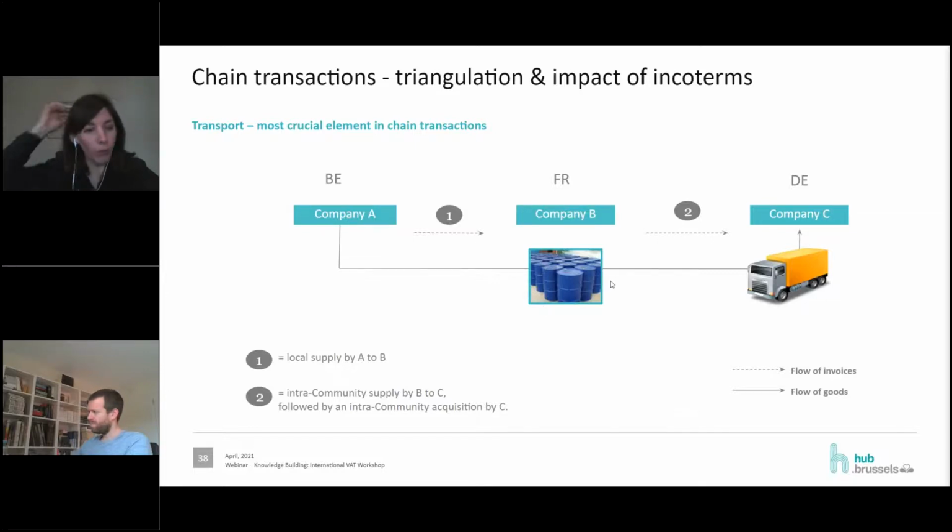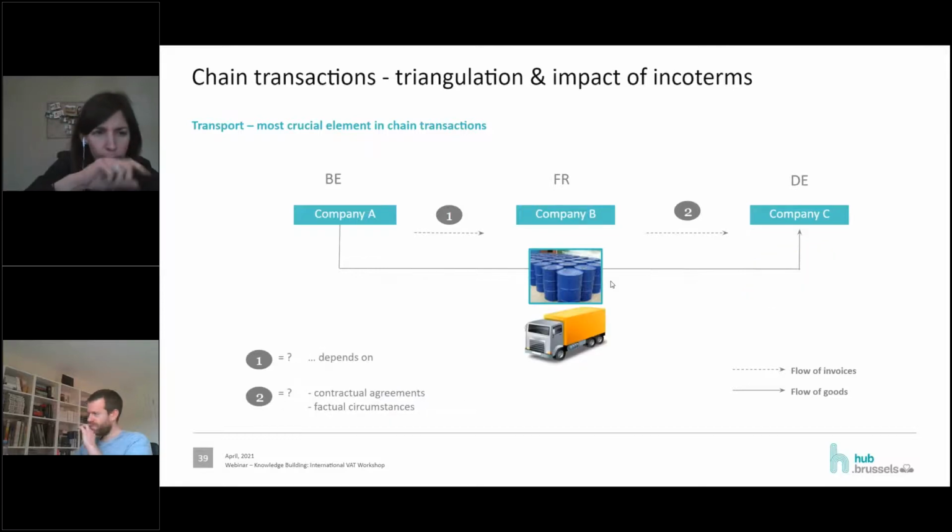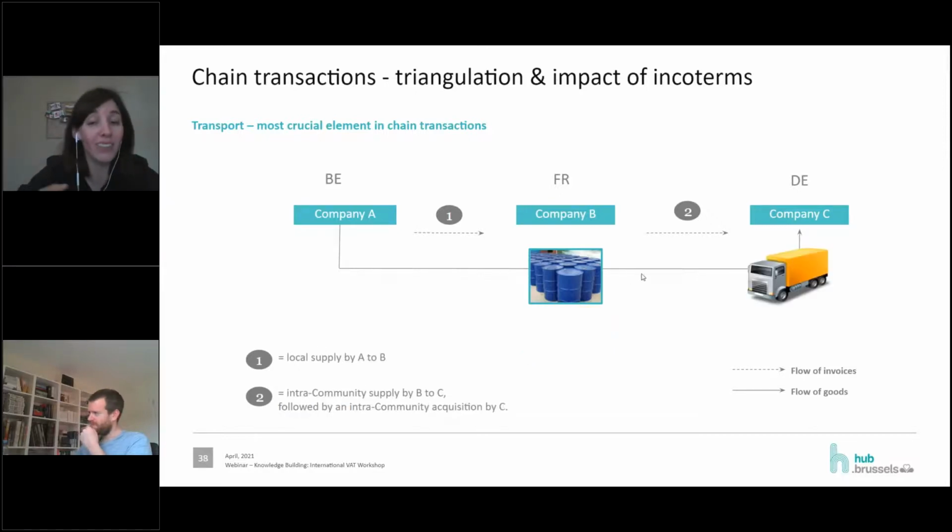And then the tricky situation, and maybe just to come back on the previous one. Of course, the French company doing an intracommunity supply as from Belgium, this will entail a VAT registration in the hands of the French company in Belgium for intracommunity transaction purposes.